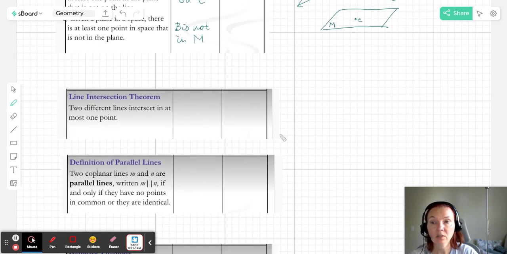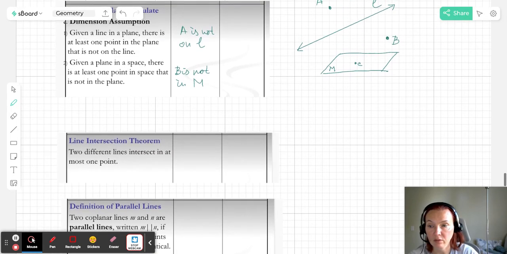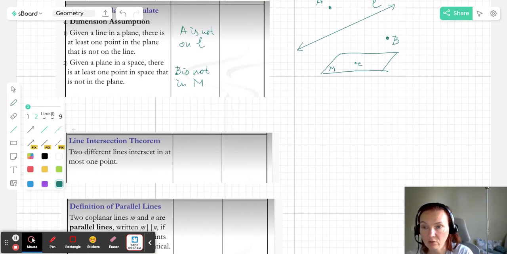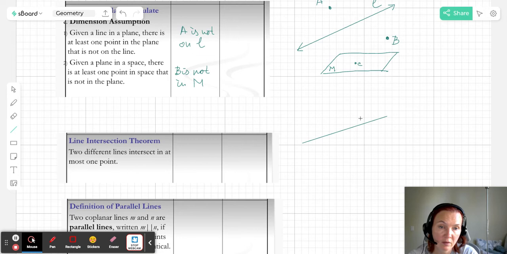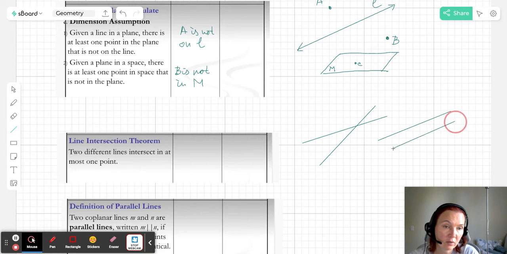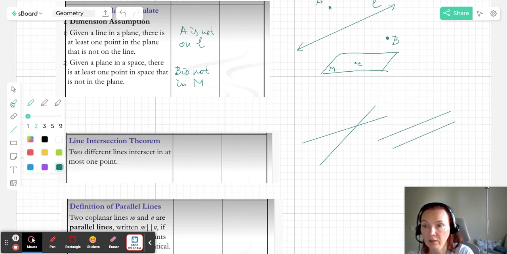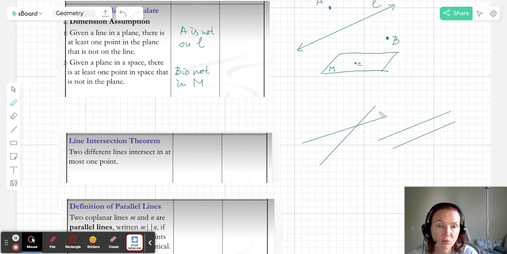Next is the line intersection theorem. So this one is a theorem. It says that two different lines can intersect in at most one point. The simplest example: I have these two lines, and they intersect in at most one point. Or I can have two lines that go like this. They're different lines, and you can see they do not intersect.